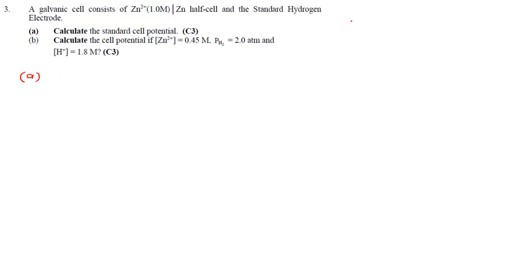So you kena tahulah SHE ni dia punya E0 cell value adalah 0.00 volt, dan zinc E0 value dia adalah negative 0.76 volt. Okay, so apa yang kita perlu tahu dekat sini adalah, untuk zinc dia punya E0 value lebih negatif, so dia adalah kita punya anode, dan SHE kita adalah cathode.